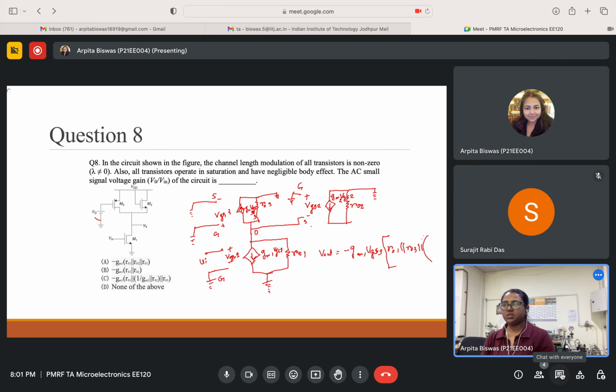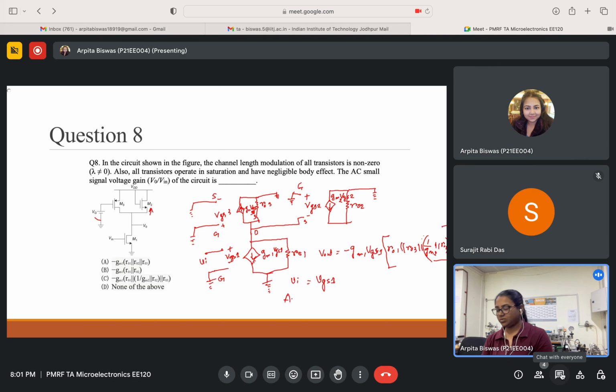So we are seeing from the source, so then it is parallel with the 1 by gm2, which is parallel with the r02. Now calculate the V input. V input is VGS1.